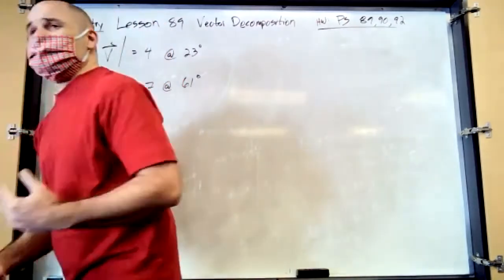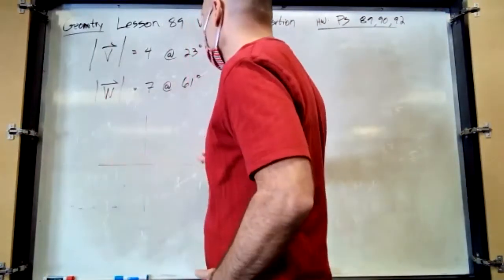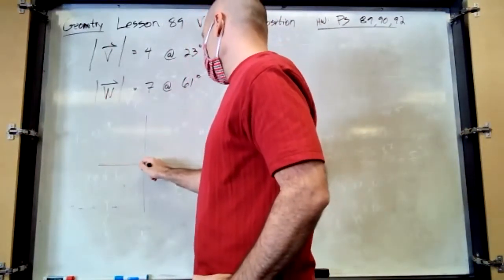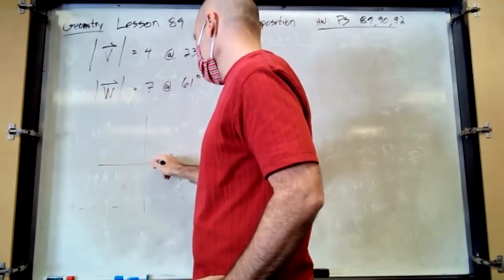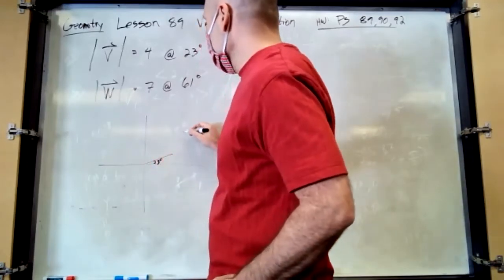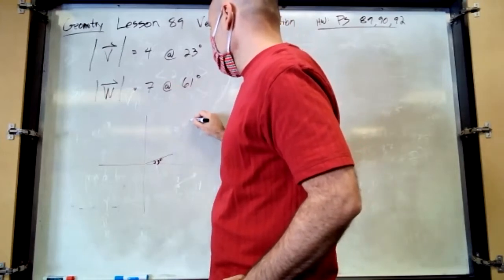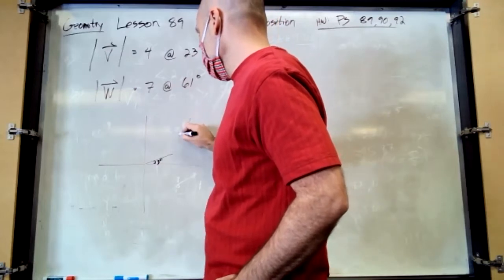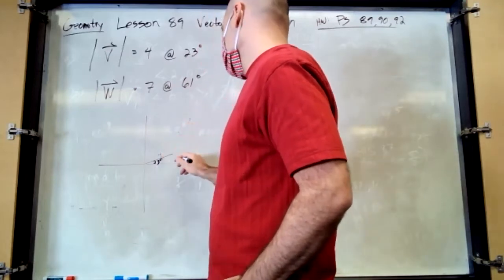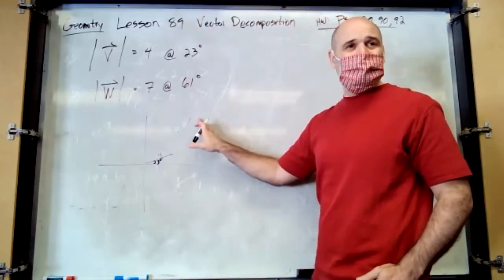If I were to sketch this, here's what it would look like. 23-degree angle at 4, so maybe 4 units there, 23 degrees. And then 7 at 61 degrees would look kind of like that. So there's 7, there's 4. It goes 61 degrees, so it'll kind of end up there.